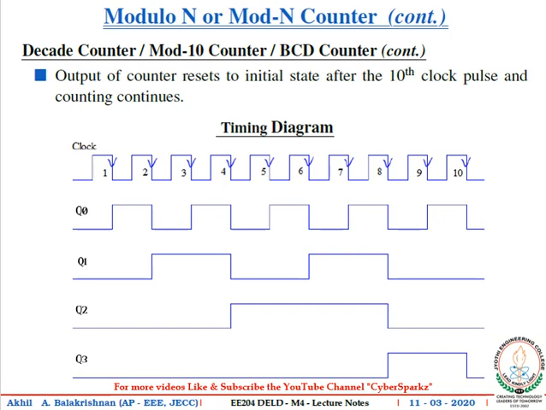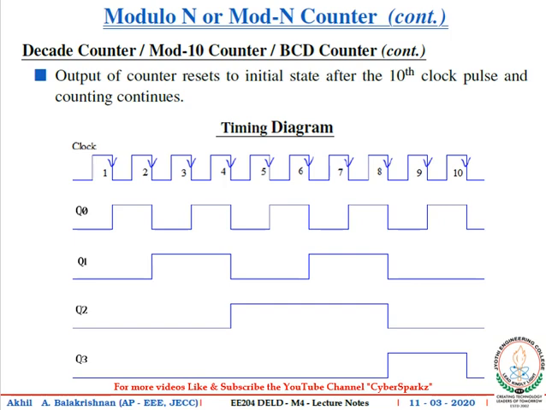On the fifth clock pulse, the first flip-flop again changes its state from 0 to 1. All the others remain the same. On the sixth clock pulse, the first flip-flop changes its value from 1 to 0, and thus the second flip-flop changes its state from 0 to 1, and all the others remain the same. On the seventh clock pulse, the first flip-flop changes its state from 0 to 1, and all the others remain the same.